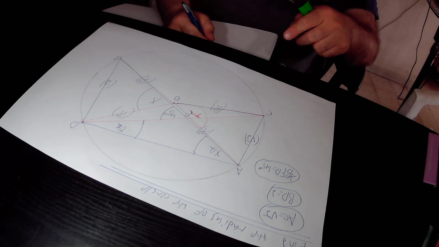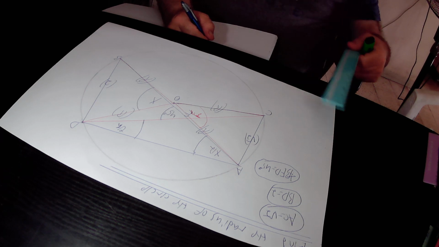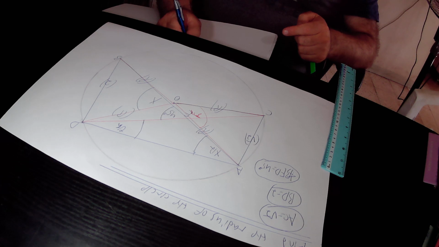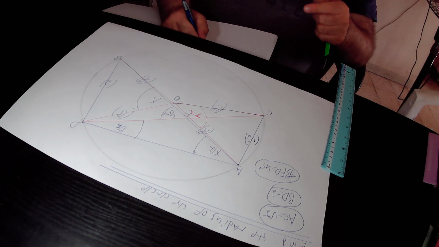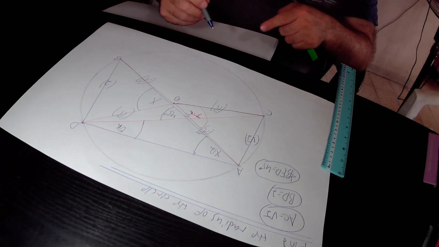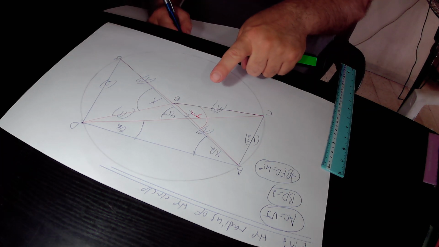Side AC equals the square root of 2 units, according to what is given in the question. Side AO equals R, and side CO also equals R. And this is angle AOC. The size of angle AOC is y.